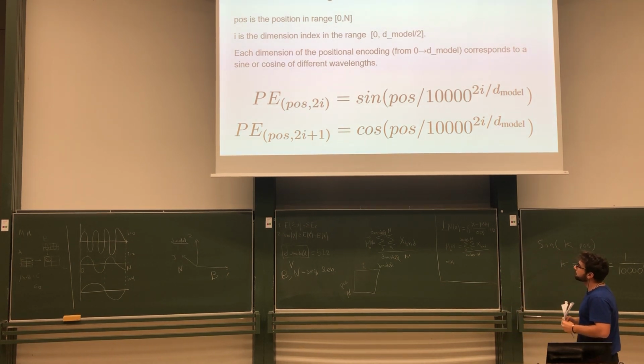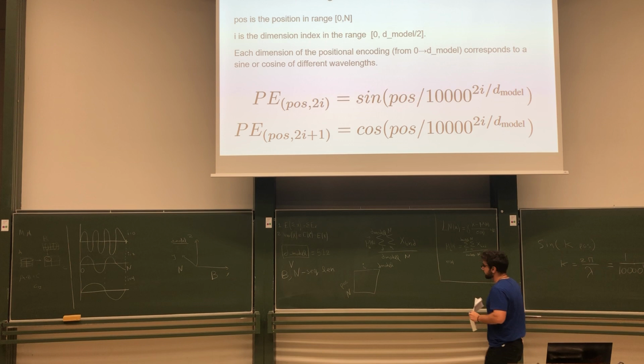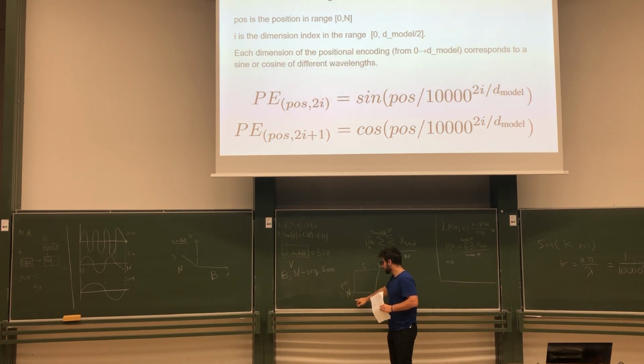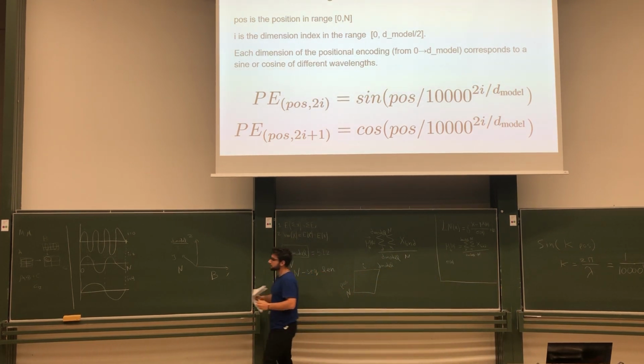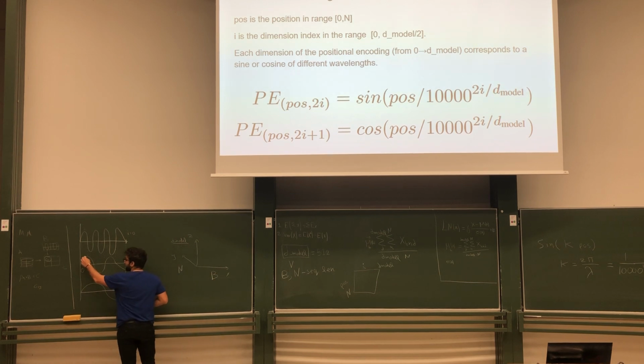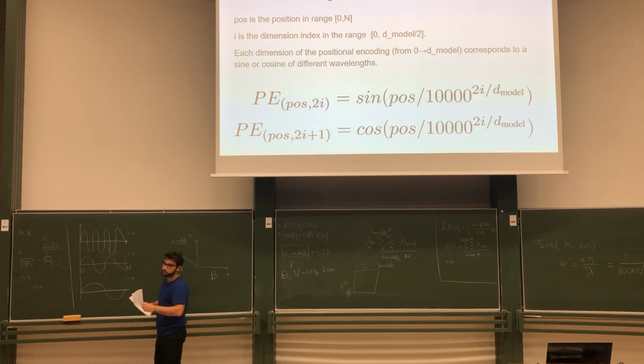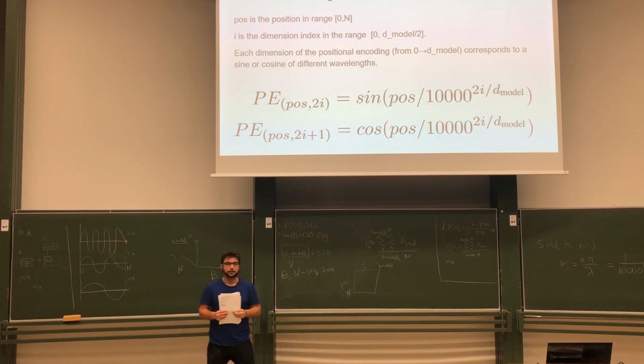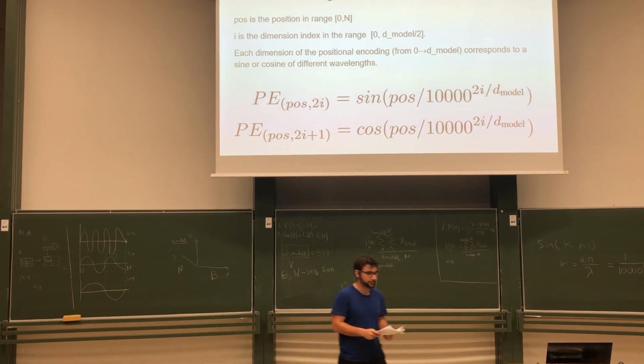And third, each element in the sequence gets a different value of this sine or cosine in the respective dimension. I know it's a lot, but any questions? Alright, so you have to implement that in the exercise.